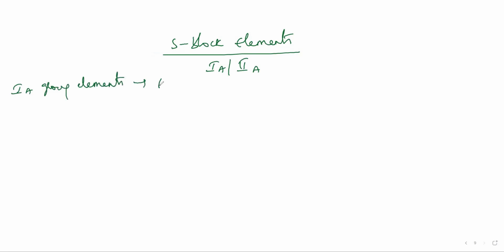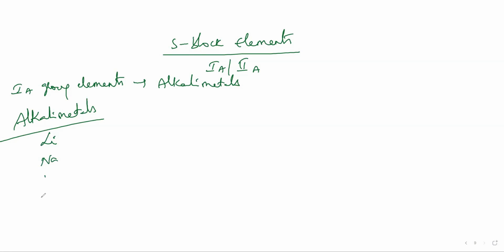What are they? Alkali metals. So what are alkali metals? Lithium, sodium, potassium, rubidium, cesium, francium.